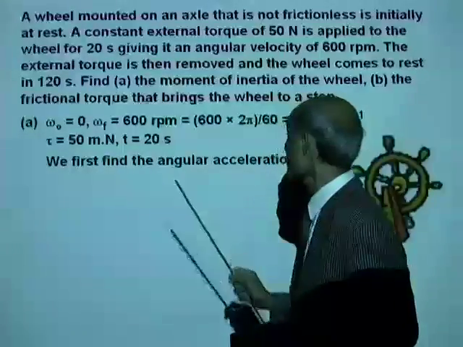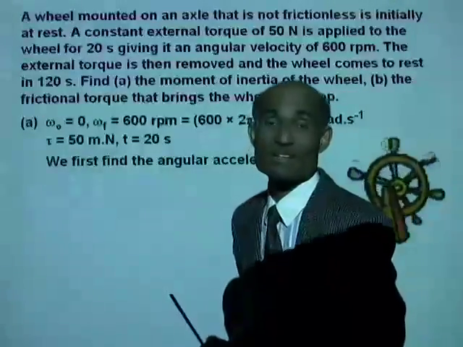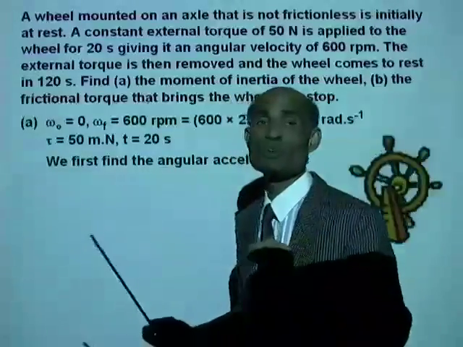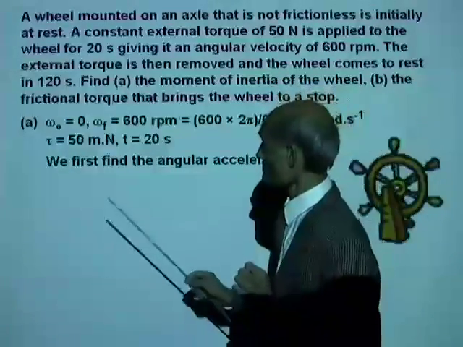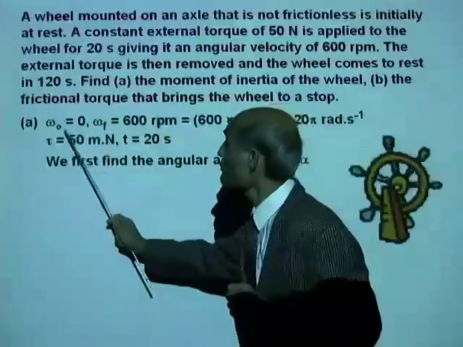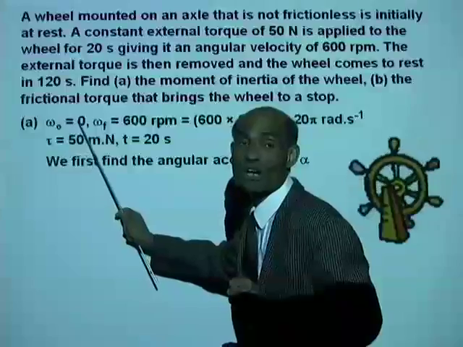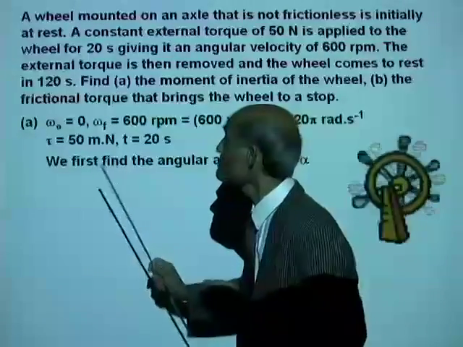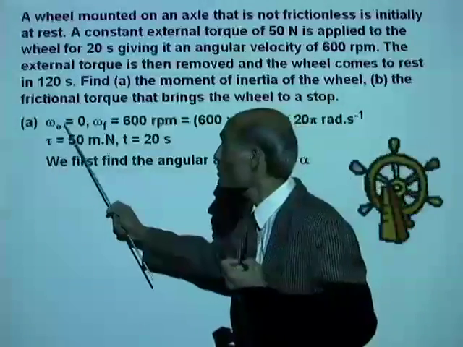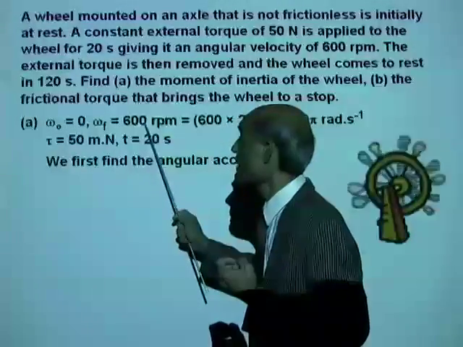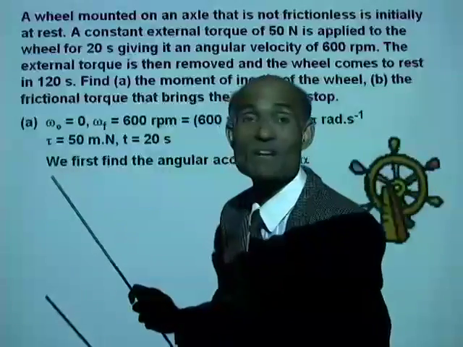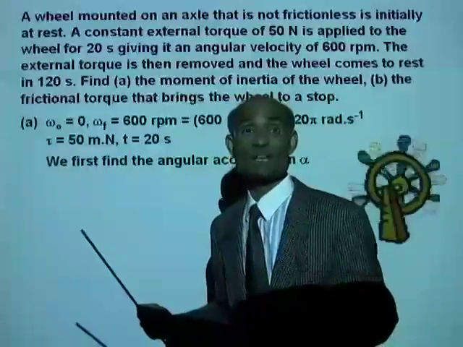Well, we first find the angular acceleration. Tell me, what equation will we use to find the angular velocity? We know the initial angular velocity, the final angular velocity, and the time, and that's enough for us to find the angular acceleration.